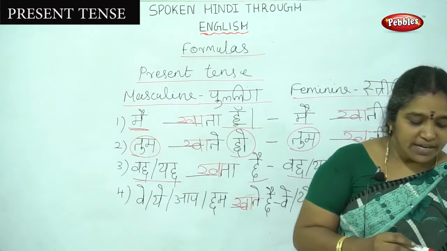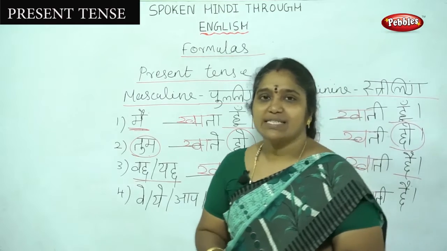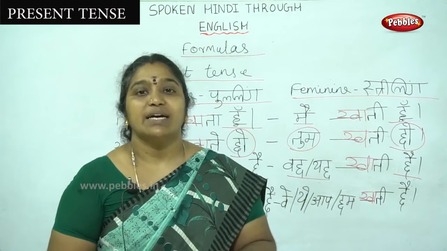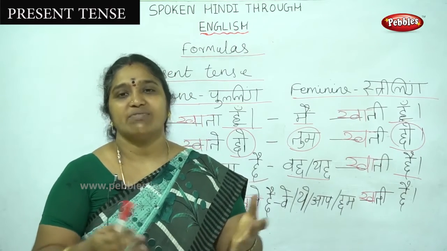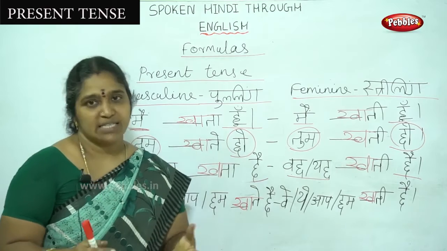We have to clearly note that if the subject is male, the verb should be in the आ sound. If the subject is female, the verb should be in the ई sound.